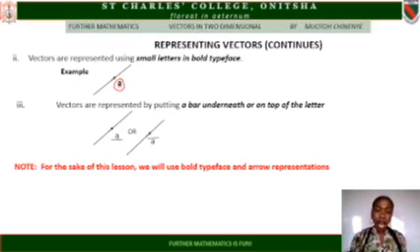Then we also have vectors represented by putting a bar. A bar is just like a straight line, which you draw either on top of the vector, or beneath the vector. So when you represent this vector in this form, someone that sees it can easily say that this is a vector. Now, for the sake of this lesson, we are going to use both typeface and the arrow in our representations of a vector.